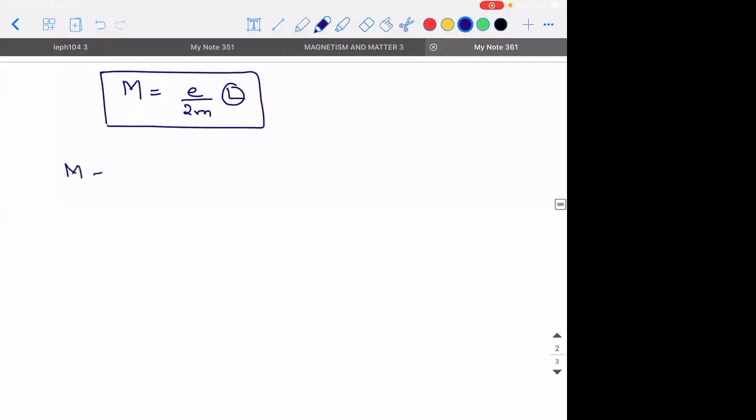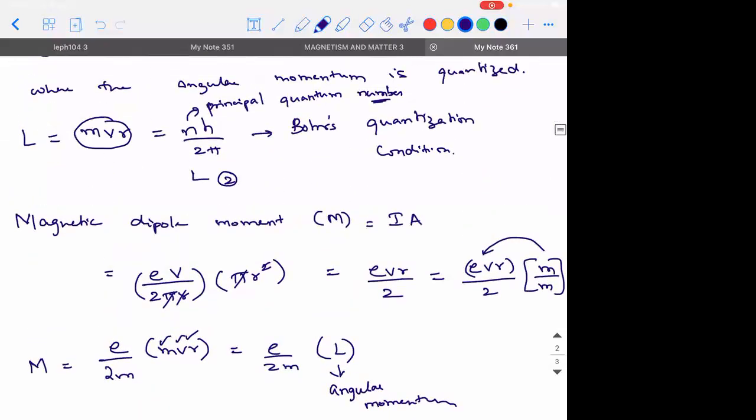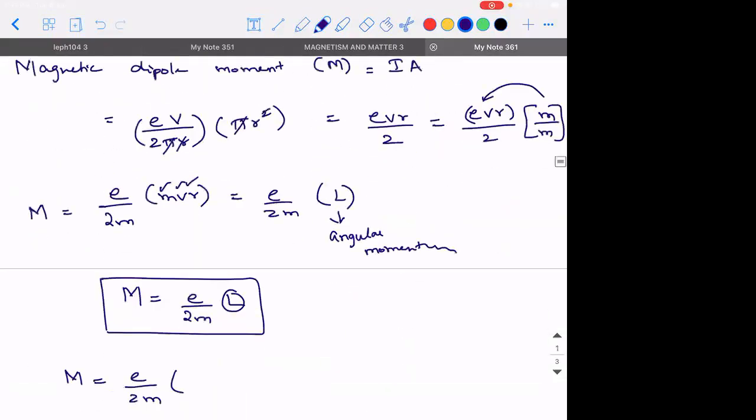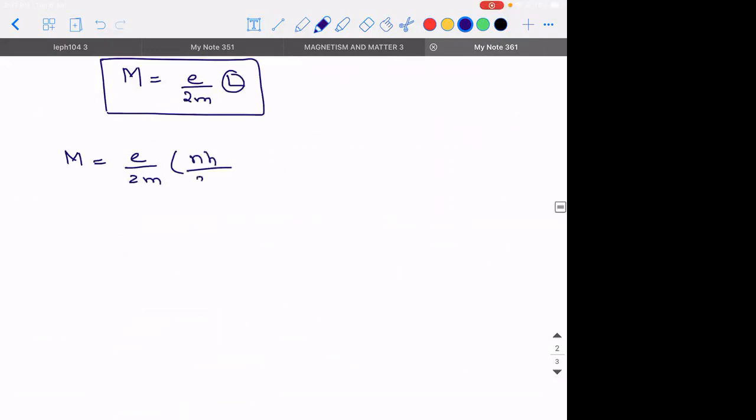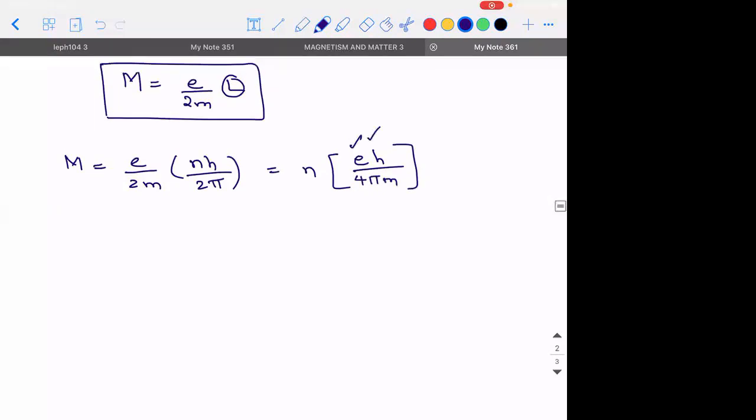So what we can say is μ is equal to e divided by 2m into, in the place of angular momentum, can I write it as nh divided by 2π? Right. So what will this give us? n into eh divided by 4πm, where e is the charge of the electron, h is what?